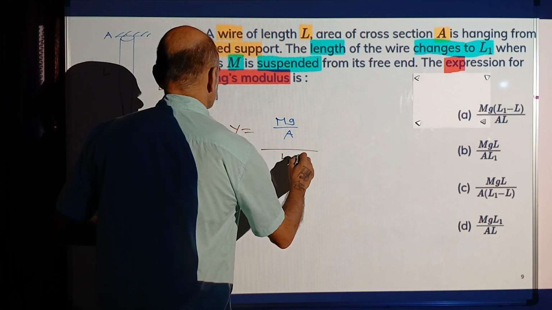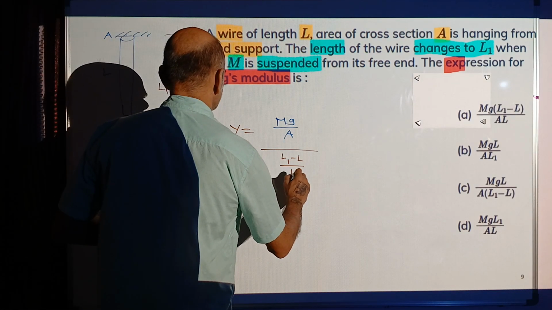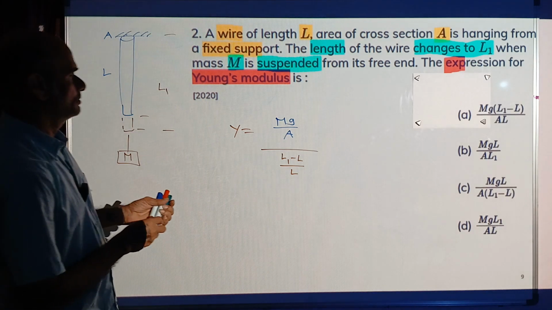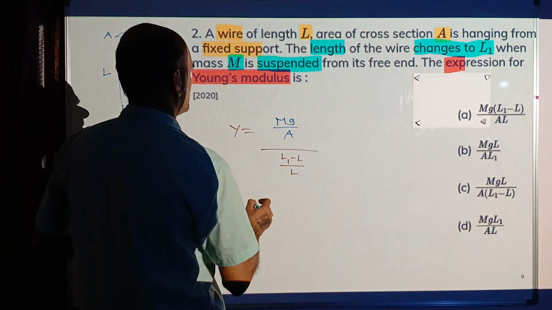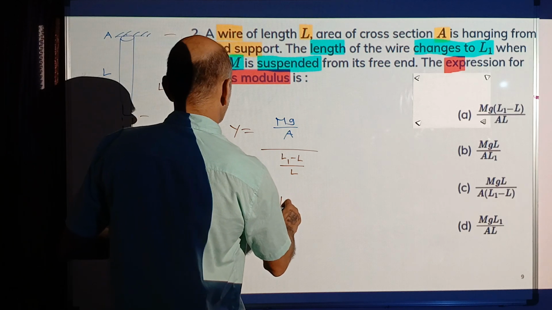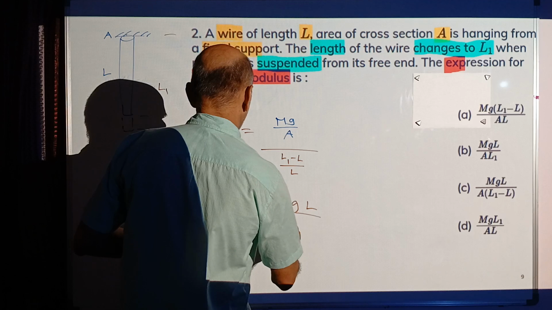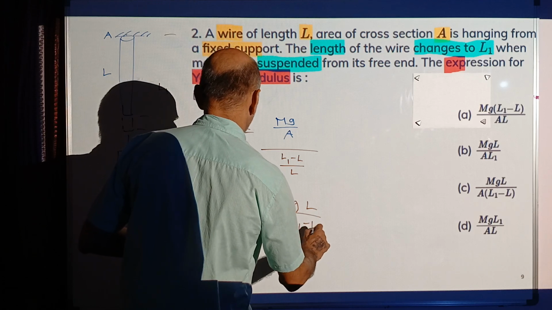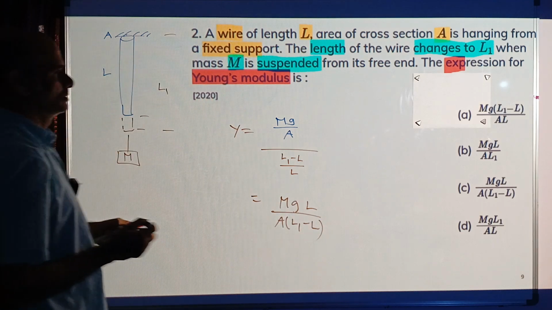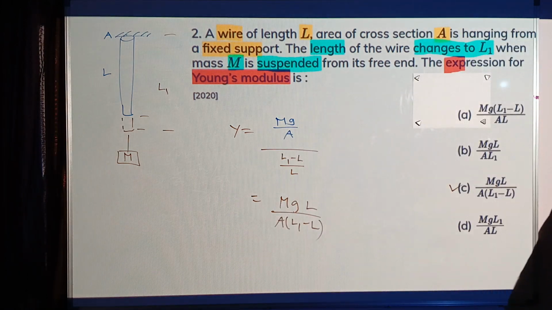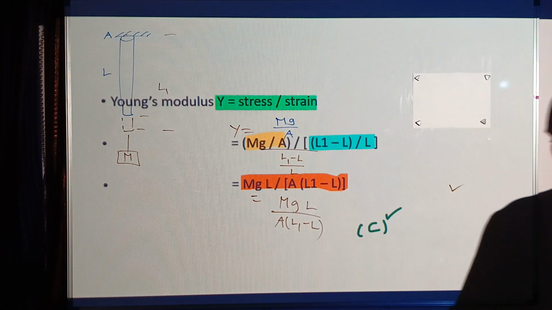Increase in length is L1 minus L by the original length is L. So you just have to rearrange. So it becomes mgL by A into increase in the length L1 minus L. C is the correct answer.